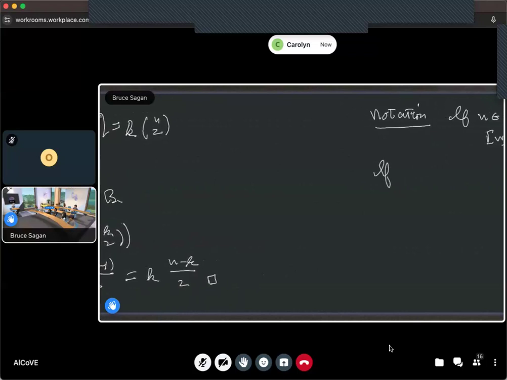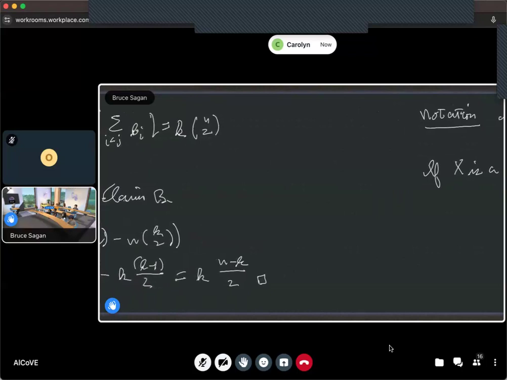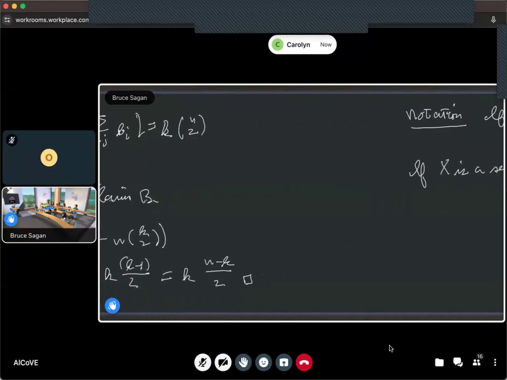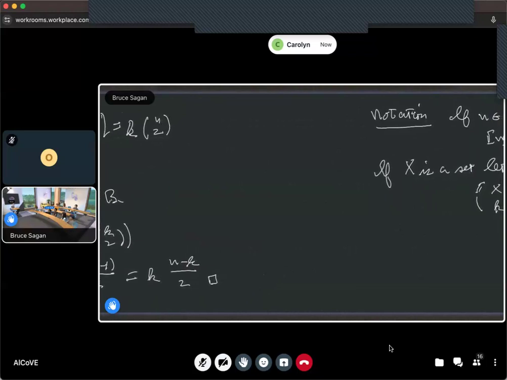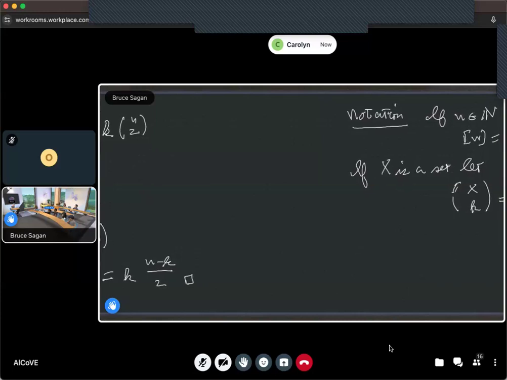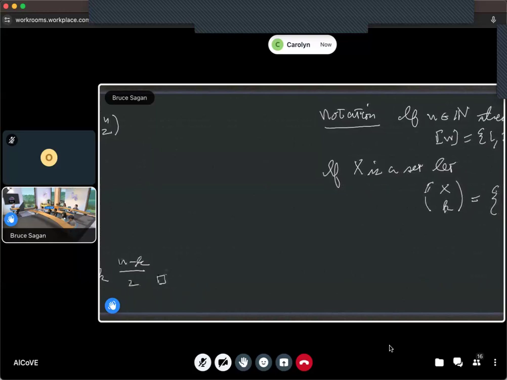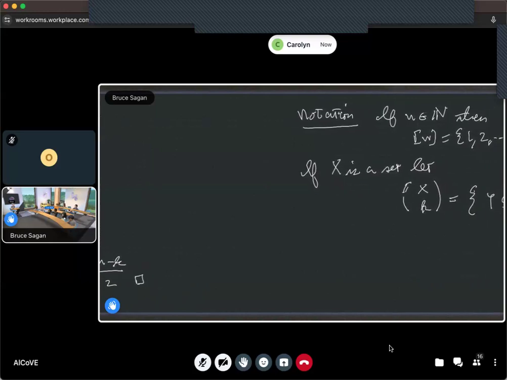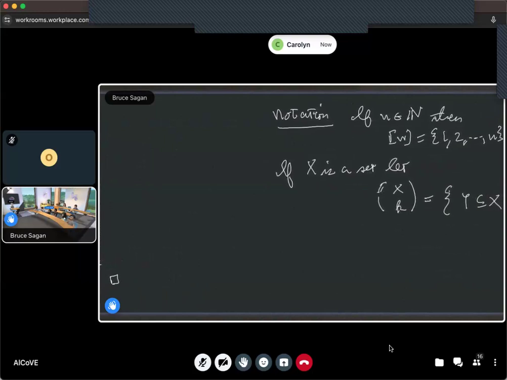And if x is a set, we're going to let x choose k, which is like n choose k except I have a set on top, be the set of all subsets of x that have k elements in them. So it is the set of sets counted by n choose k, if n is the cardinality of x.